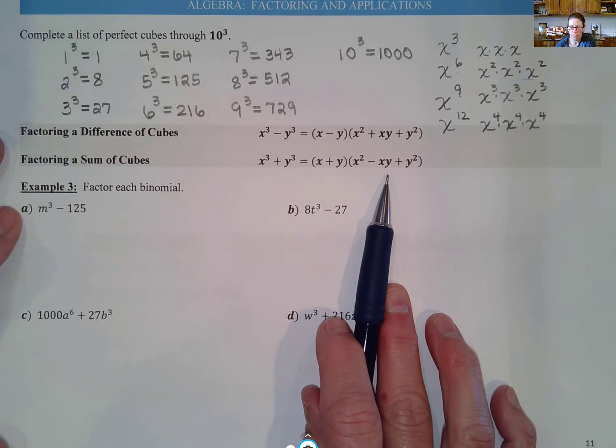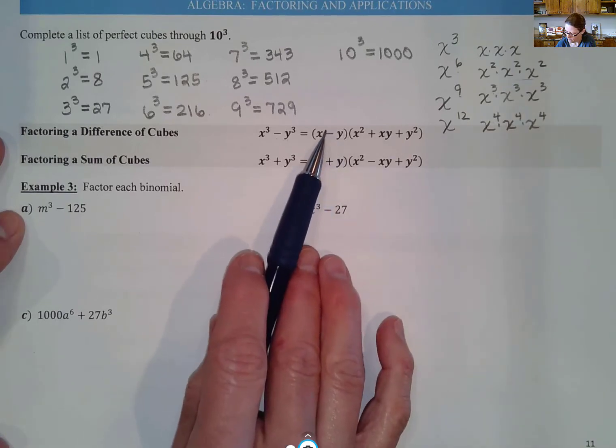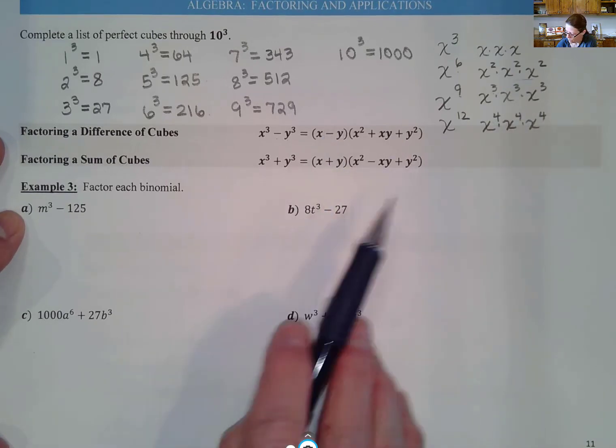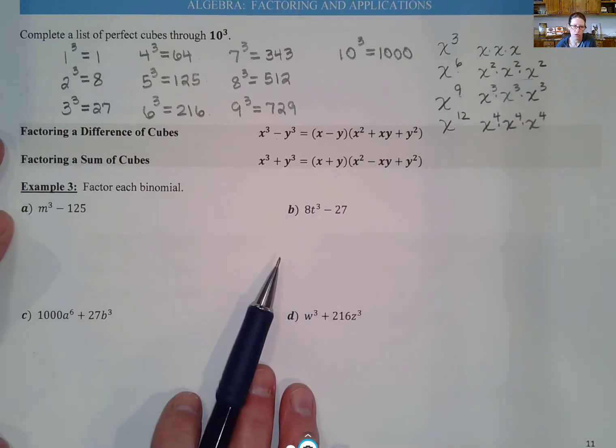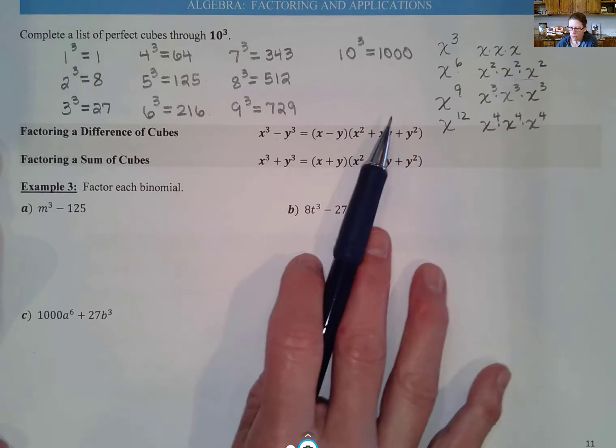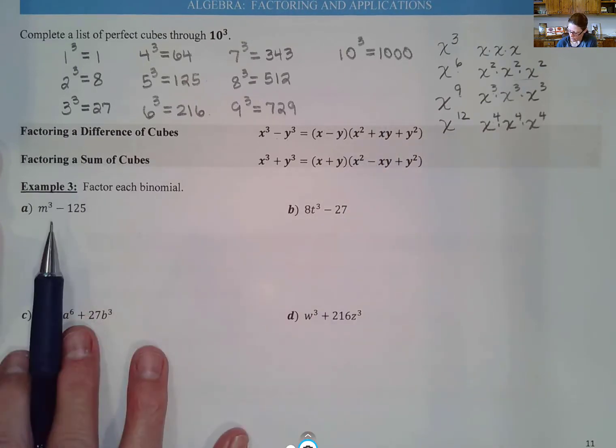The only thing that's different is the location of our single minus sign, right? It's either up front in the binomial or trailing in front of the second term of our trinomial. So there are our formulas, and let's practice using them.